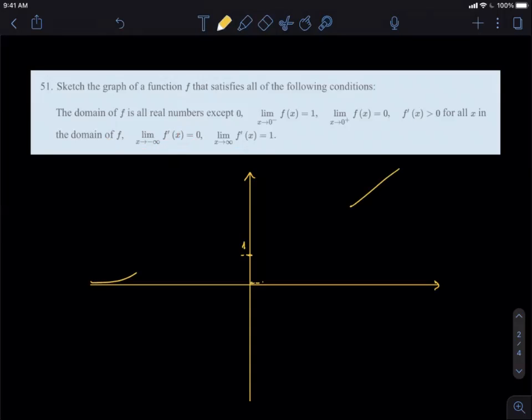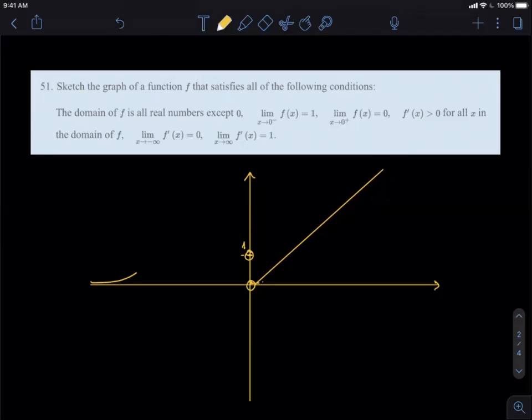So it needs to leave from here. It needs to arrive here. And in principle, it looks like it could just go 45 degrees straight from the origin.